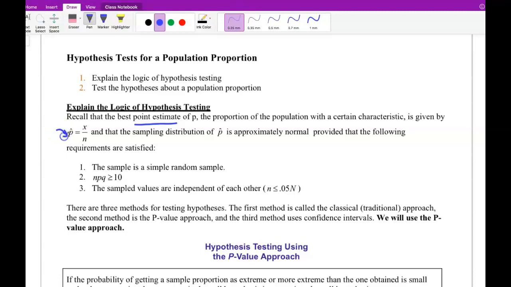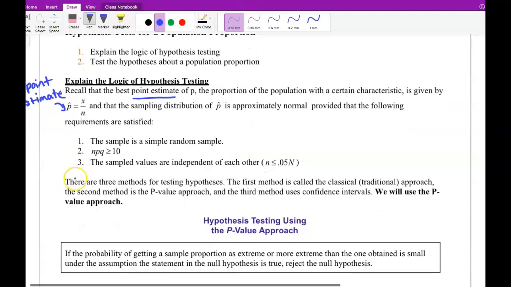So this p-hat is the point estimate, or sample proportion. And the sampling distribution of p-hat is approximately normal, provided that the following requirements are satisfied. So to have it normally distributed, we should have all these three.